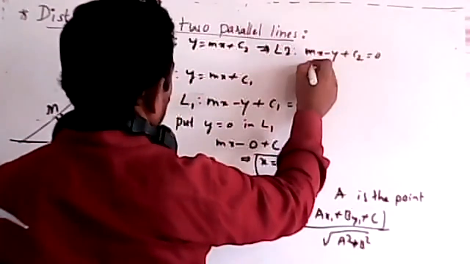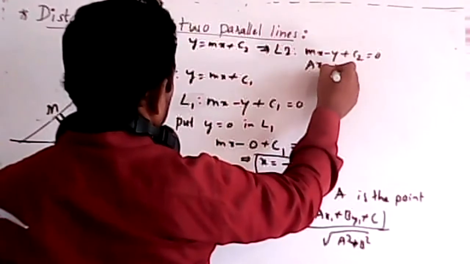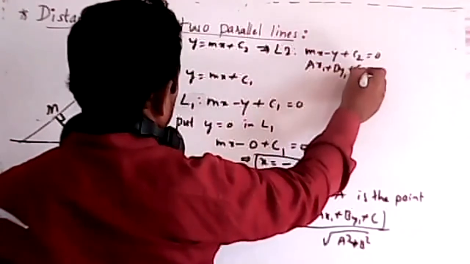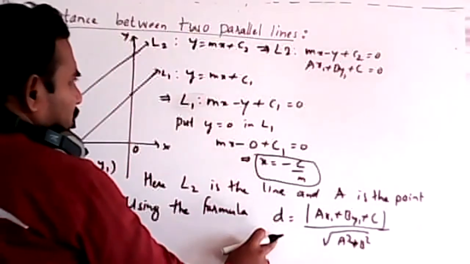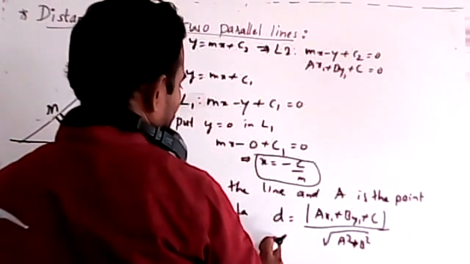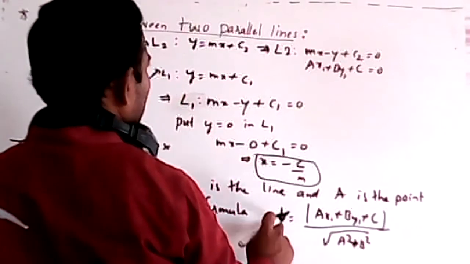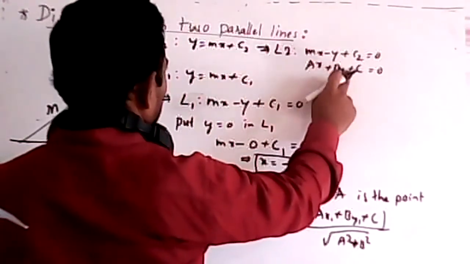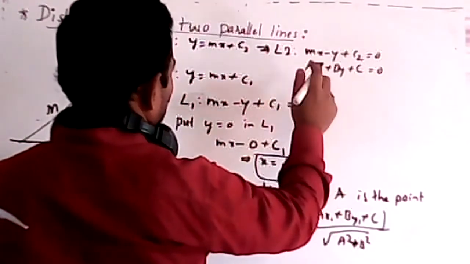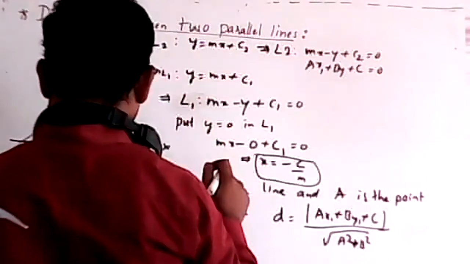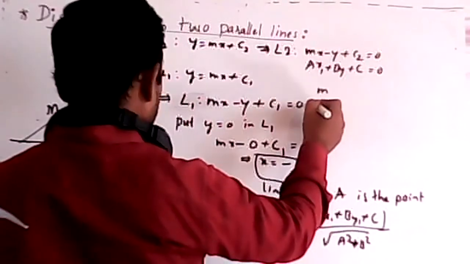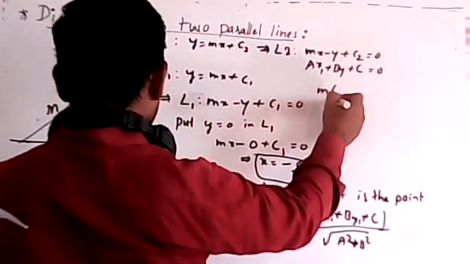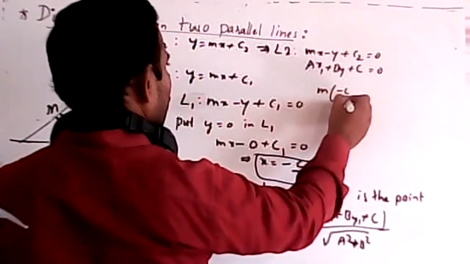It looks the same, so put all the values. A means m only, right? And x1 means minus C by m, correct?